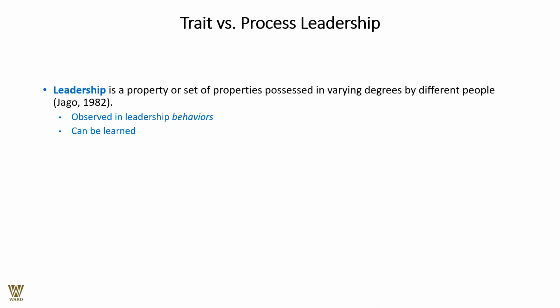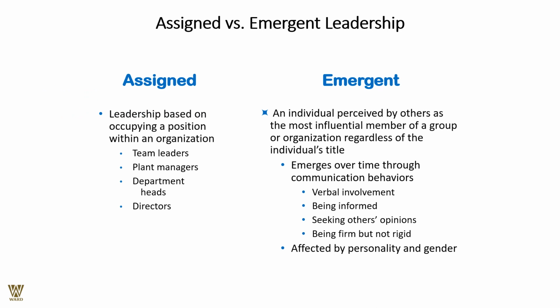I am confident probably 80% of the time, and not 100%. So there is variation. I can have a height of 6 feet 2 inches, or I can have a height of 5 feet 9 inches, as the case may be. So it is a set of properties, to varying degrees, that one particular person possesses, as mentioned in 1982 by Jago, observed in leadership behavior, and probably can be mimicked or learned.